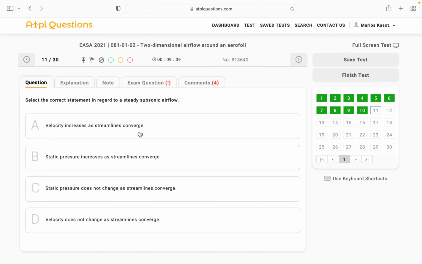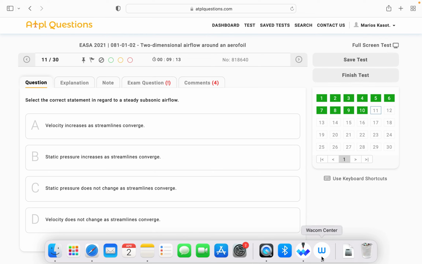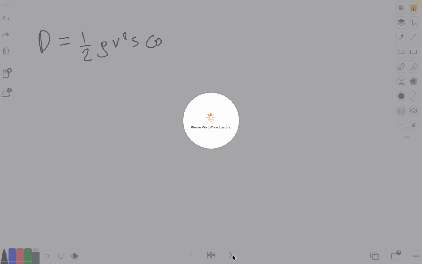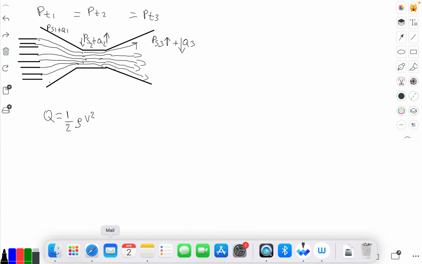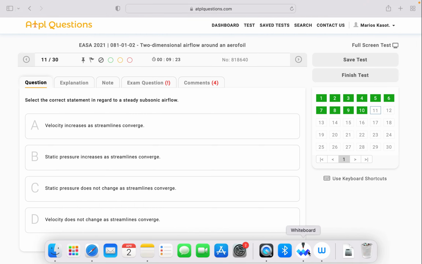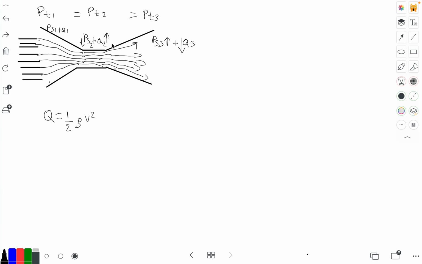Wrong. And velocity does not change. Okay. Let's go here. Velocity increases as streamlines converge. When streamlines converge, velocity increases, dynamic pressure goes up, static pressure goes down.